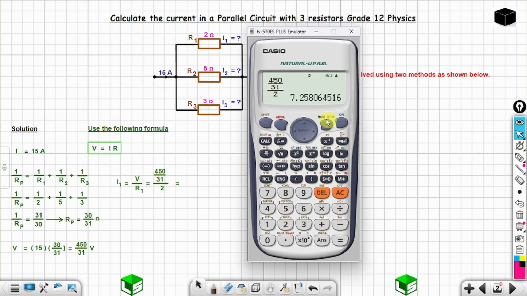This is equal to 7.3 amperes, to 1 decimal place.